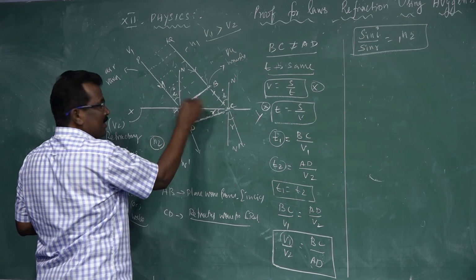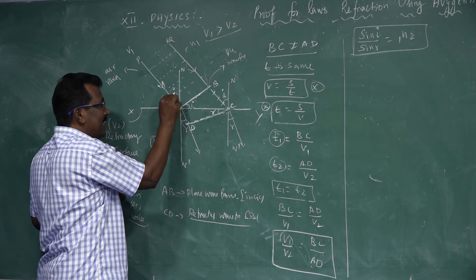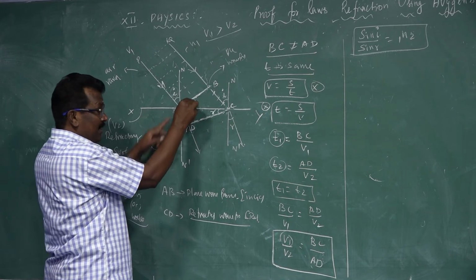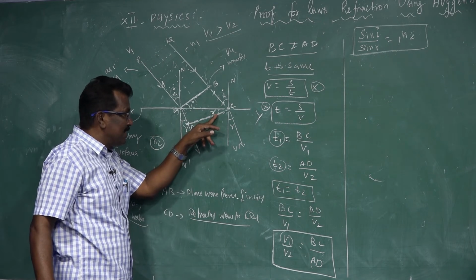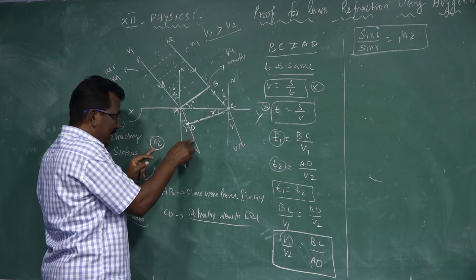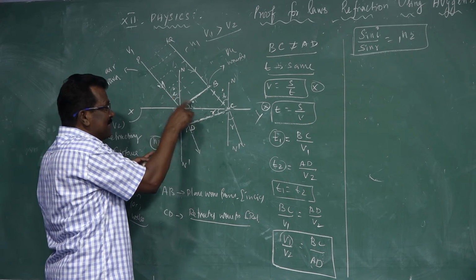How is this i equal to this i? How is this r equal to this r? The angle of the incident ray is equal to the angle of the incident wavefront, and this r represents the refracted ray and the refracted wavefront. This r must equal this r, and this i must equal this i.